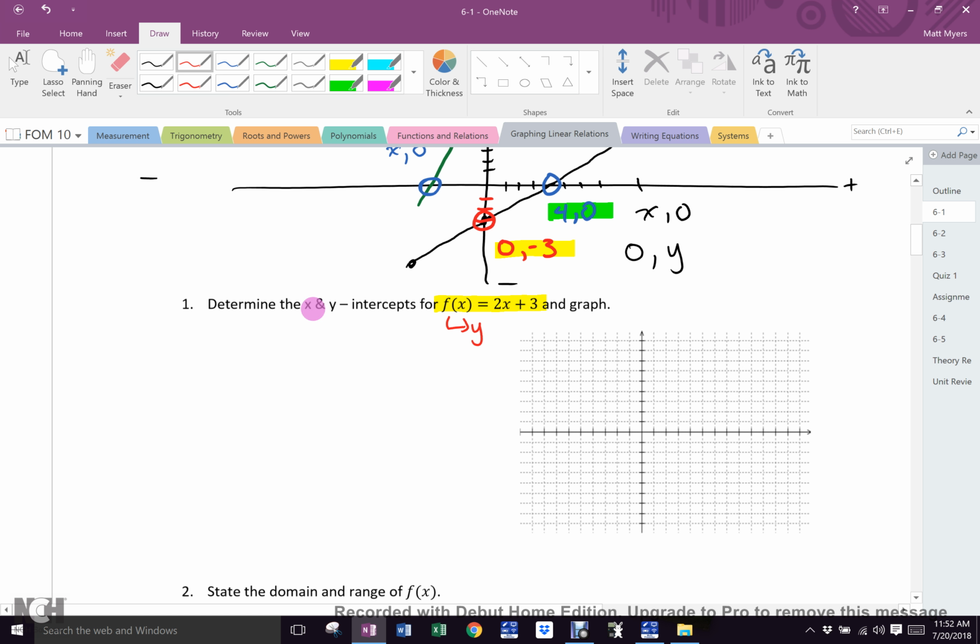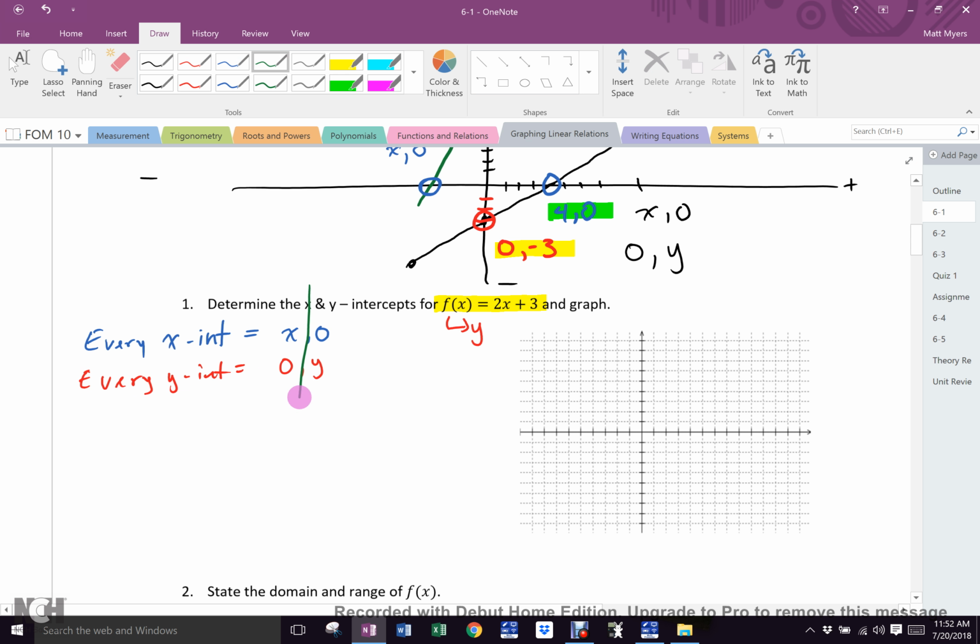So, I want the x and y intercepts for this line. Well, every x-intercept is what? X, 0, correct? Every y-intercept is 0, y.